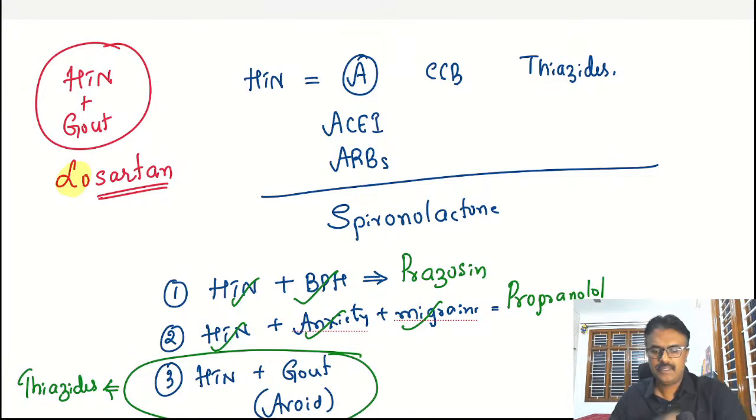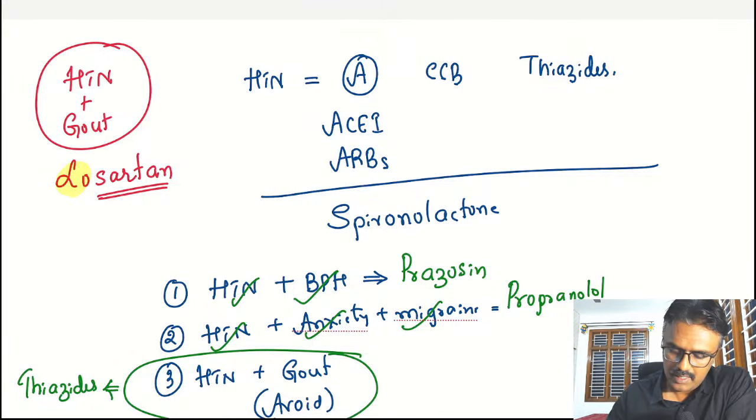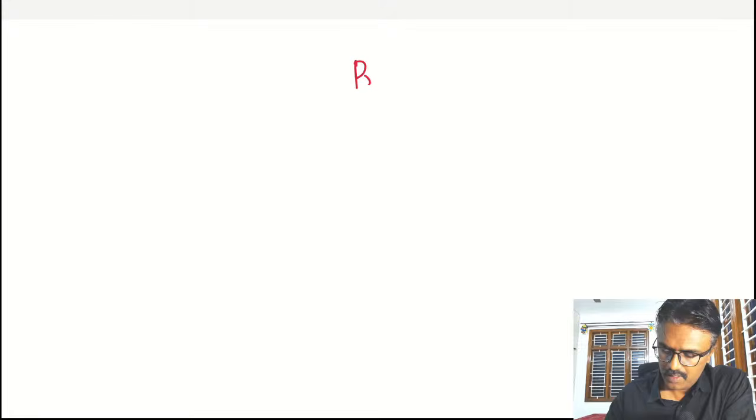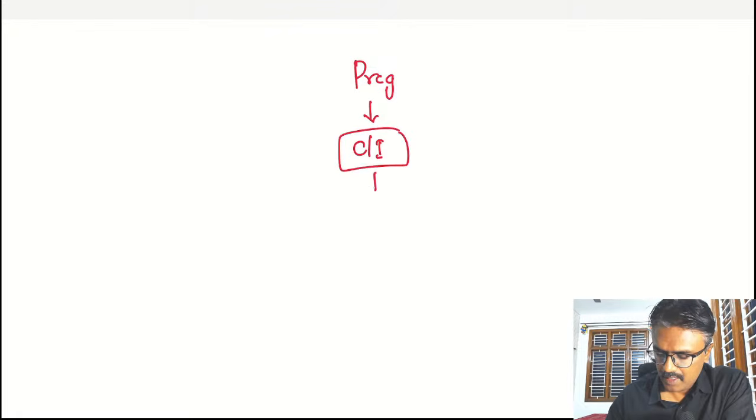Okay, yes. Since we are discussing hypertension, in a pregnant woman, which antihypertensive drugs are contraindicated, not given? They are prils, that is ACE inhibitors, and sartans, they are ARBs.